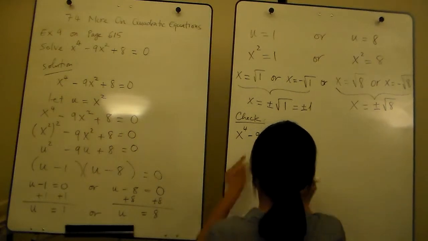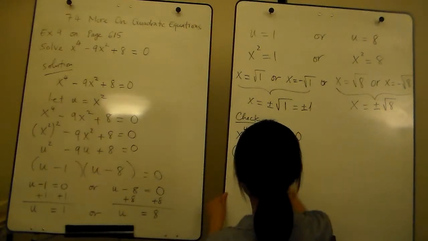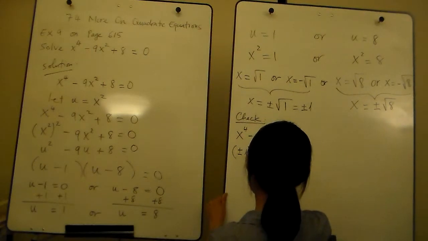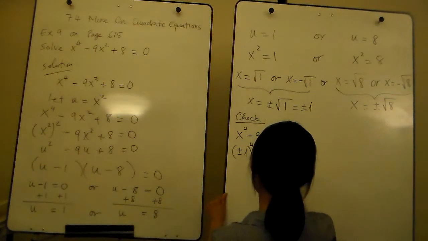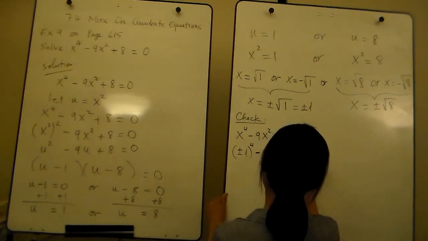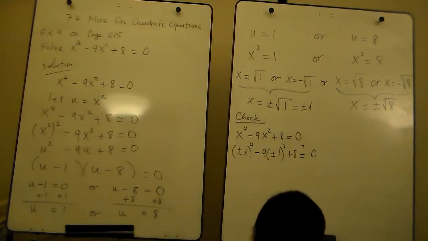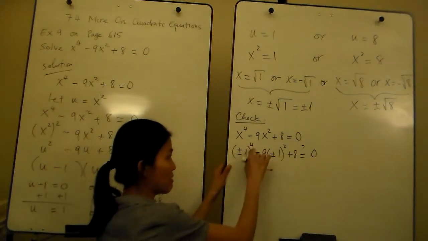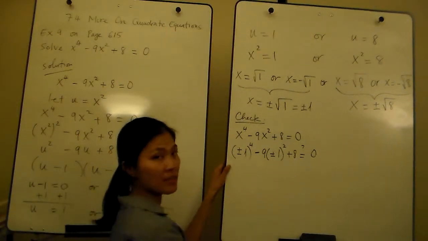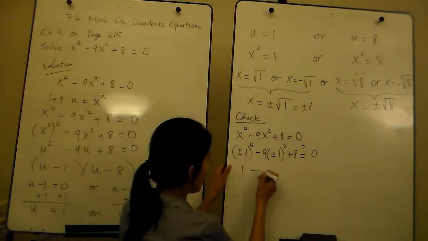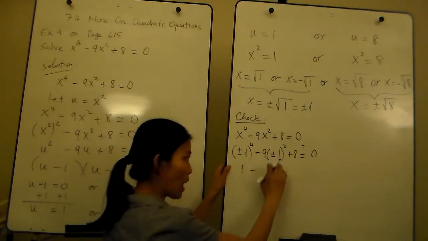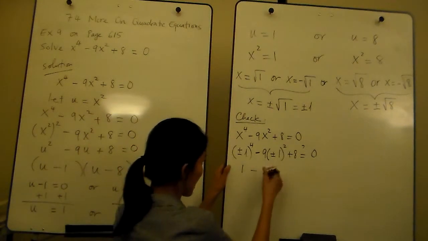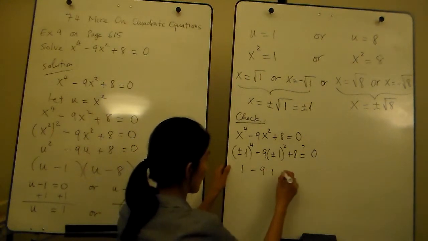So substituting plus or minus 1 here, raised to the 4th power, minus 9 times plus or minus 1 squared, plus 8. You want to see if the left hand side equals the right hand side. Plus or minus 1 raised to an even power becomes positive. So this is 1 minus, similarly here, positive or negative 1 squared is positive 1, so 1 times 9, plus 8.